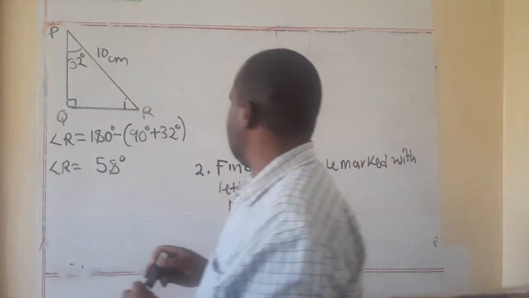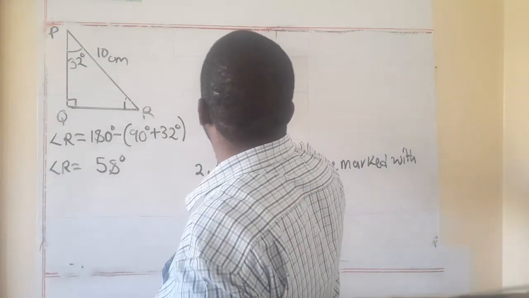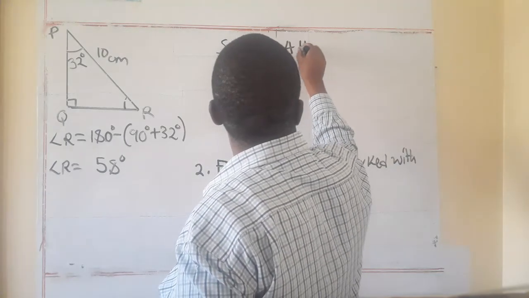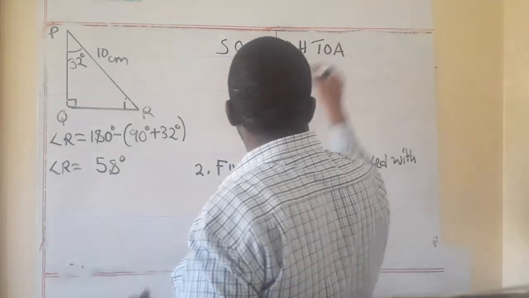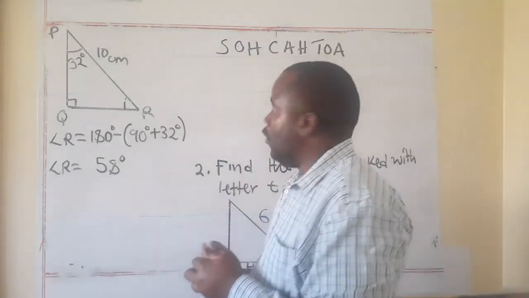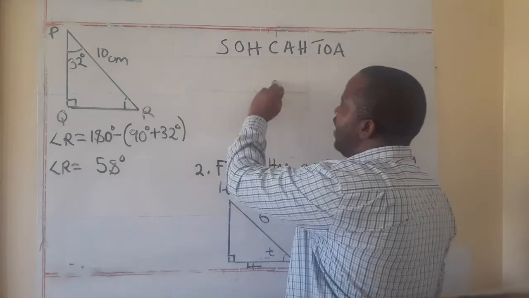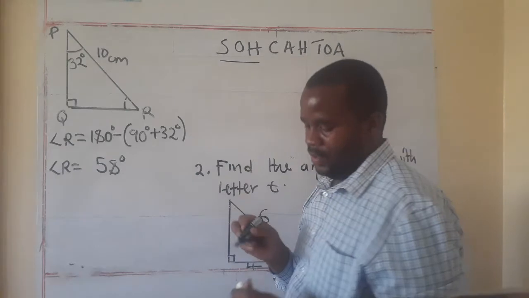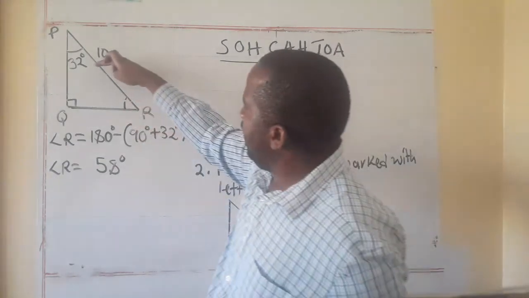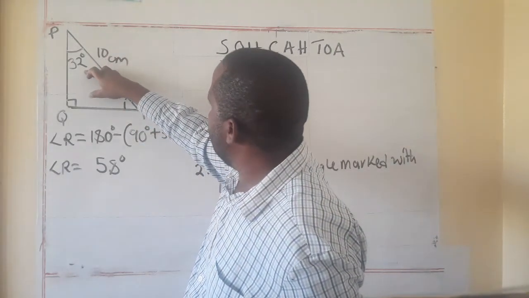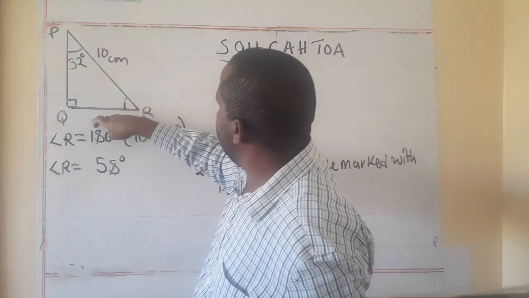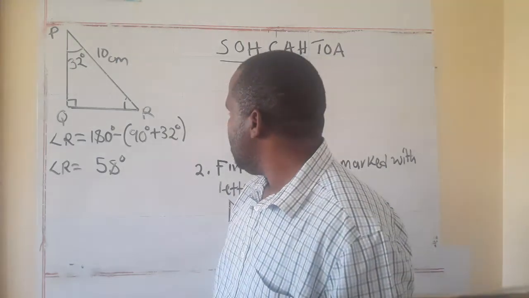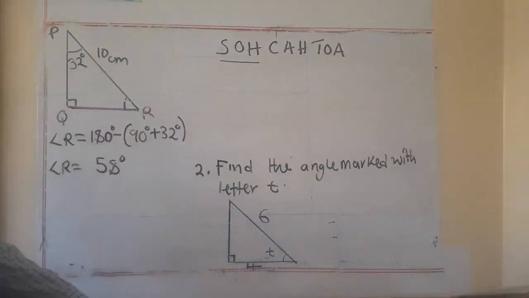So of the three trig ratios, the SOHCAHTOA, you must check for the opposite and the hypotenuse. And you realize that we'll use the sine. So we are going to say, if I have this angle, sine of this angle is equal to the opposite divided by what? The hypotenuse.